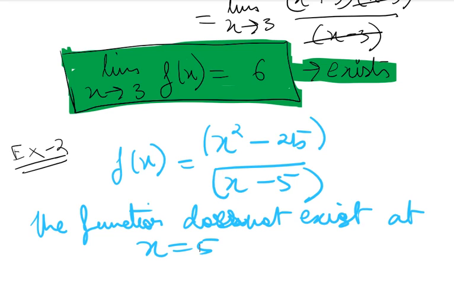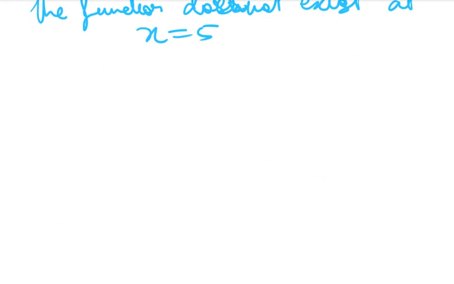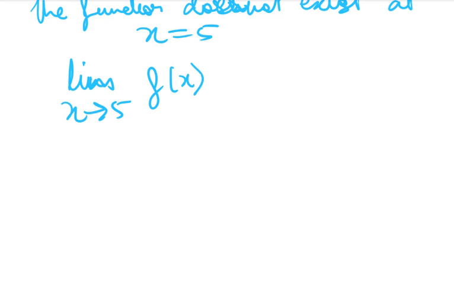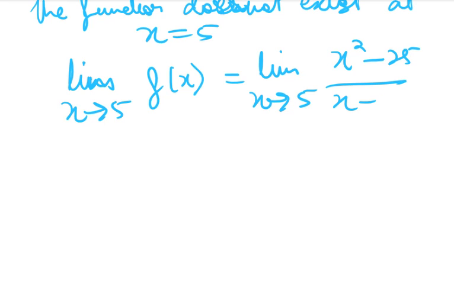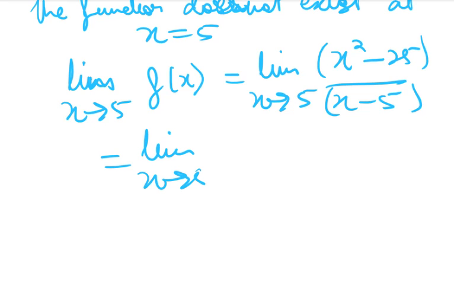But what about the limit? Let's check that. Very simple. Limit x tends to 5, f of x is equal to limit x tends to 5 of x square minus 25 divided by x minus 5, equal to limit x tends to 5, that will give you x plus 5.